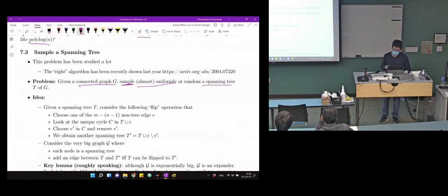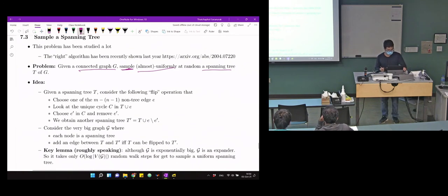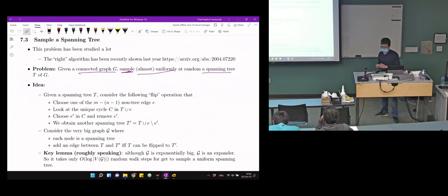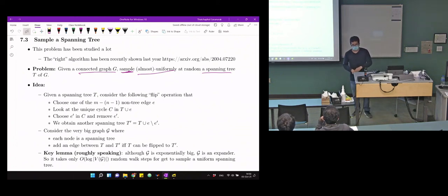Actually, let me just tell you this. This is a very natural problem, and there is a series of papers that tried to do this, from 20 years or so ago. People could do it in polynomial time, and improved it to mn, and improved it to m root n, and so on.